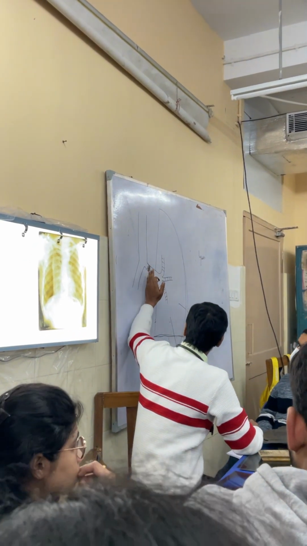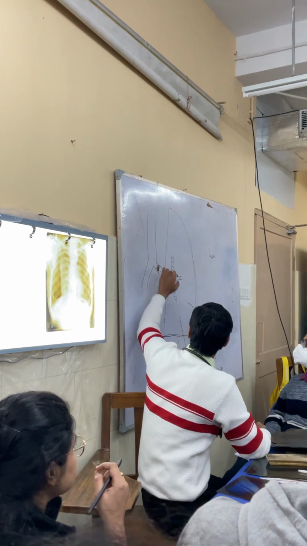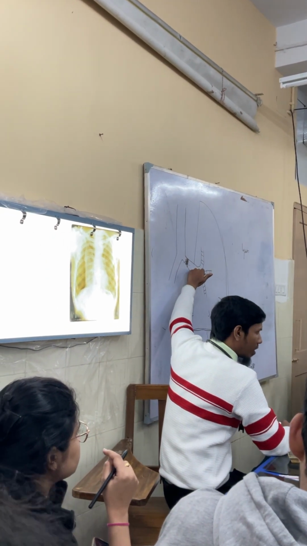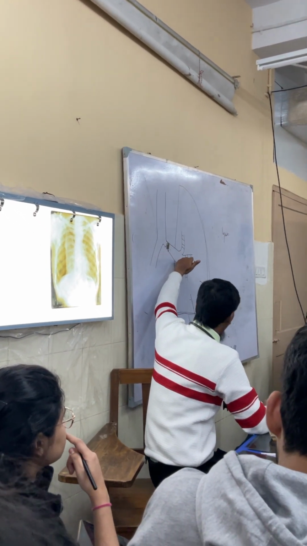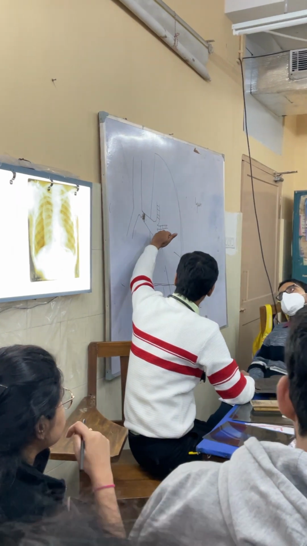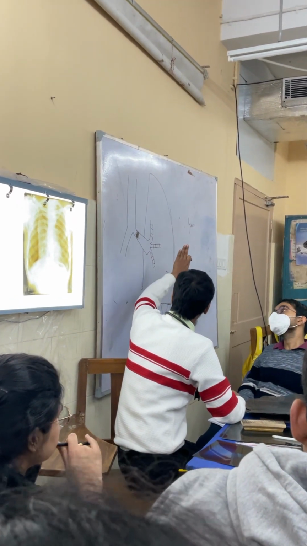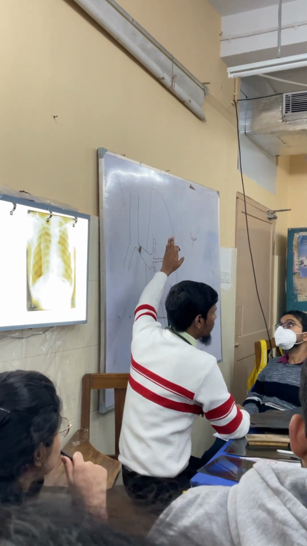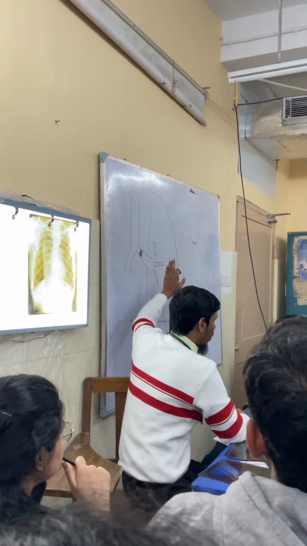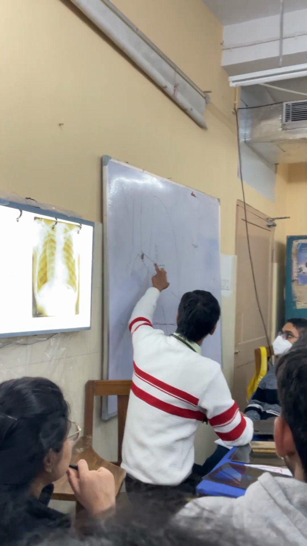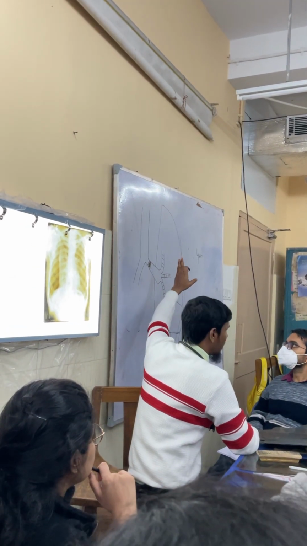If you go further, the left main bronchus is divided into branches for the lower lobe, for the middle or lingular lobe, and the upper lobe. There are three main bronchi. So these three bronchial parts will not get ventilated.